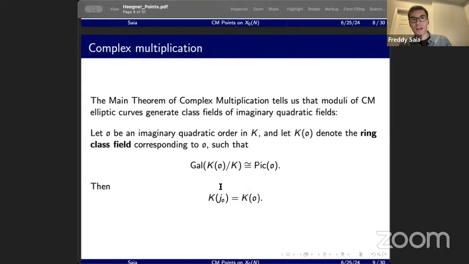Then if you take K, your CM field, and adjoin the J invariant of an elliptic curve with CM by O, you get this class field. So these singular moduli, the J invariants of CM curves, generate these ring class fields. That's part of what the main theorem of complex multiplication tells you.